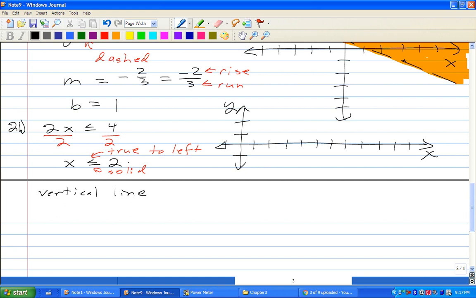And so it is a solid line. It's vertical. And it is true to the left. So I have that this over here is my solution.